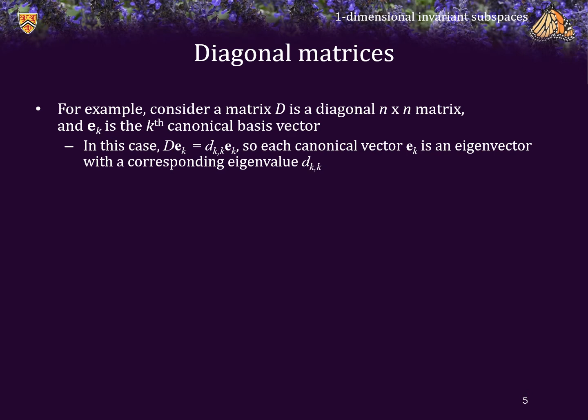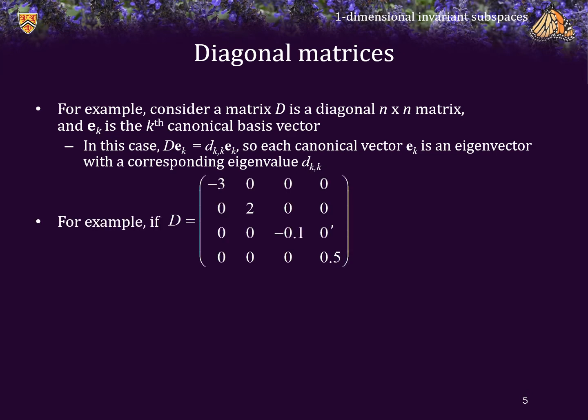And so for a diagonal matrix, each canonical vector E sub k is an eigenvector with a corresponding eigenvalue equal to the kth entry on the diagonal.